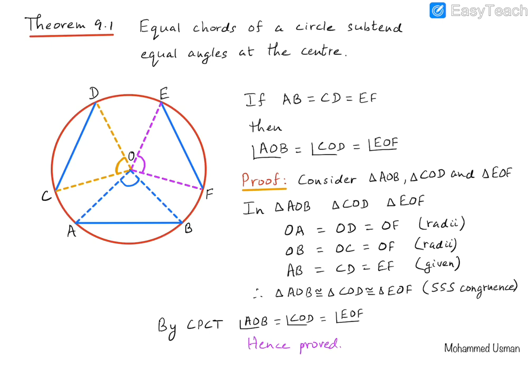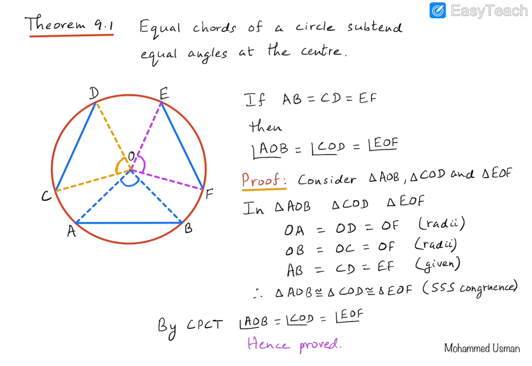OA equals OD, OB equals OC, and AB equals CD for these two. Similarly, OA equals OF, OB equals OE, and AB equals EF. So all these three triangles, that is triangle AOB, triangle COD, and triangle EOF, are congruent to each other. That is achieved by the SSS congruence, that is side side side congruence.